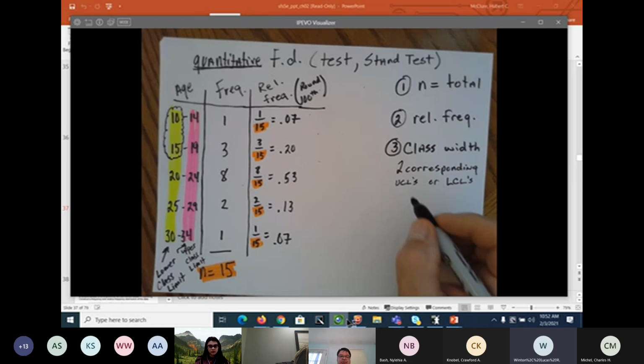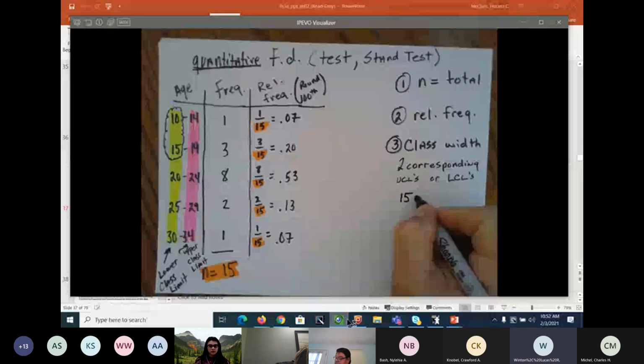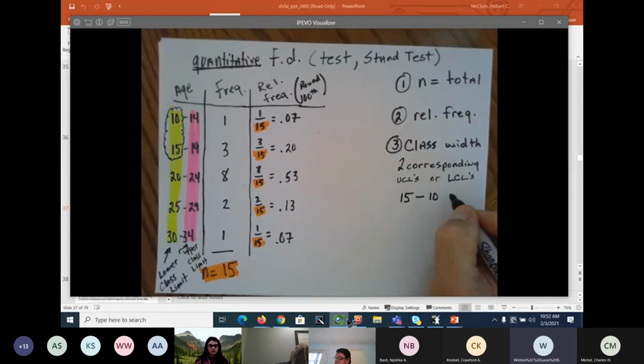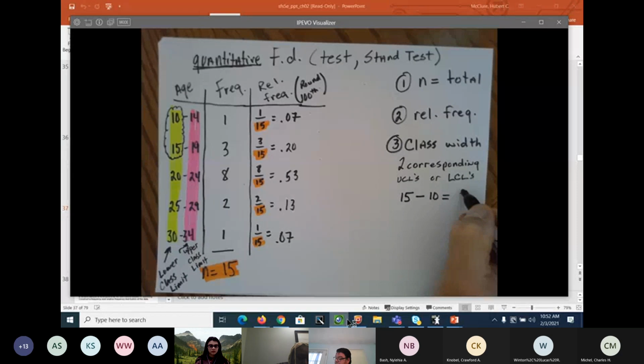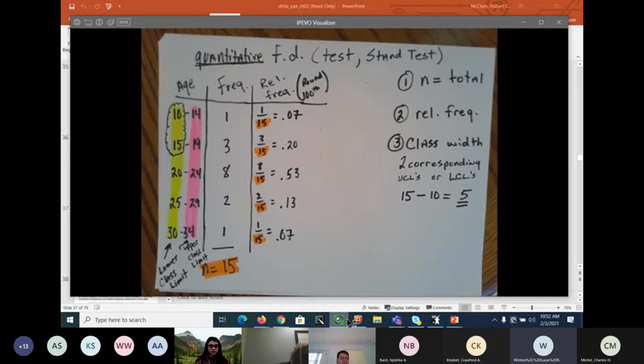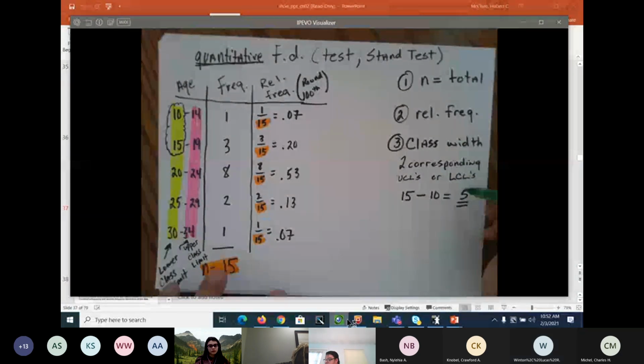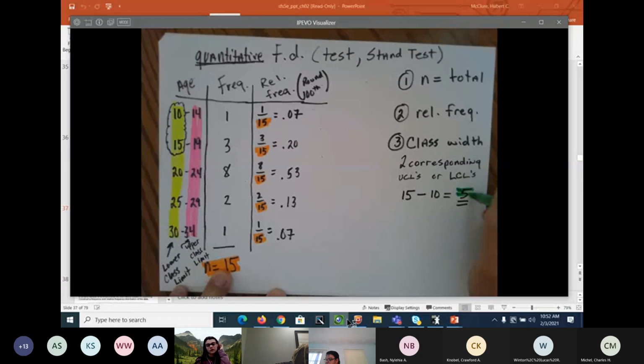15 minus 10. And that gives you a class width of 5. So you need to write that down so you know what to do.